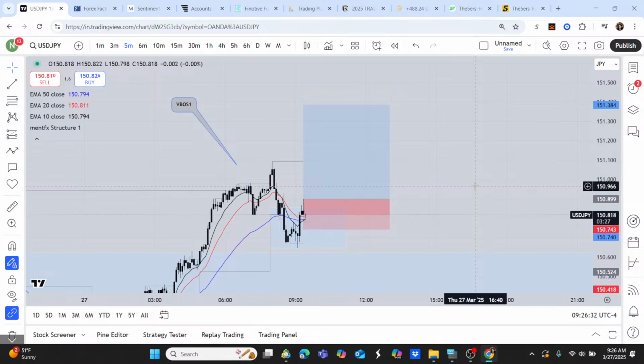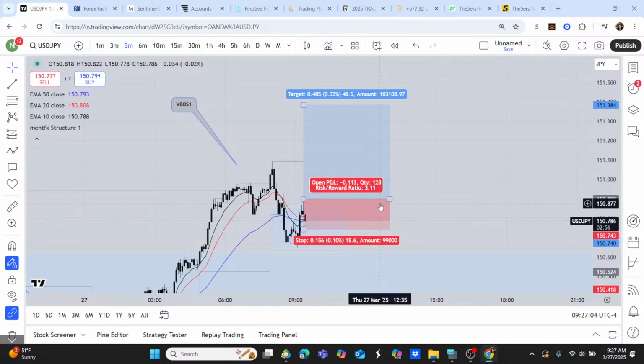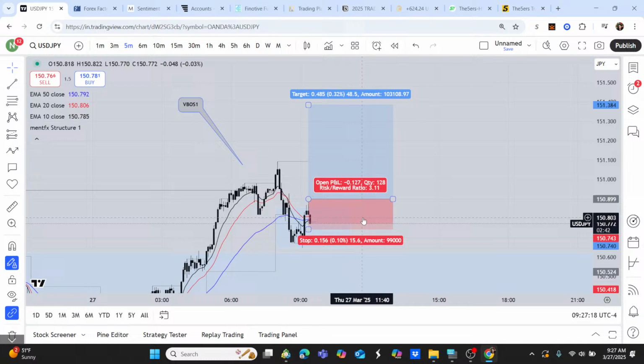Position size calculator. Stop loss size.